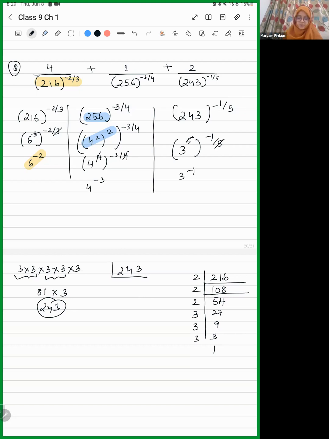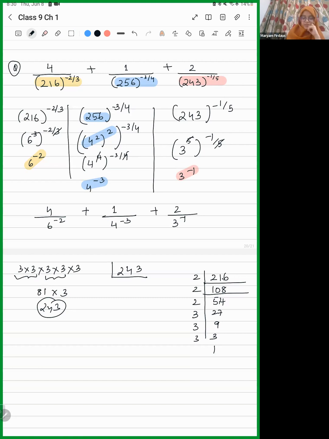Now let's continue solving this main equation. So it's 4 by 6 to the power minus 2, please keep writing simultaneously, plus 1 by 4 to the power minus 3, plus 2 by 3 to the power minus 1.